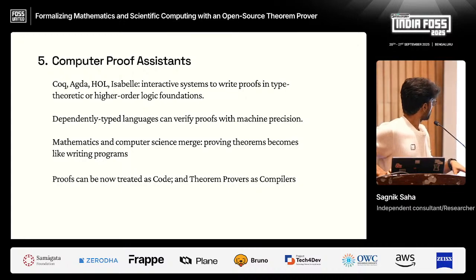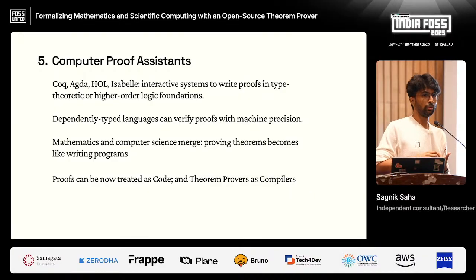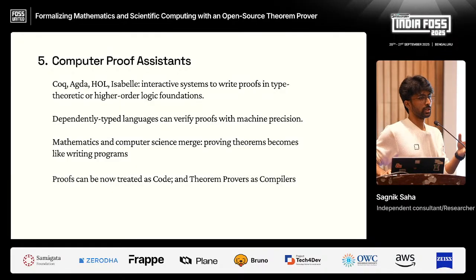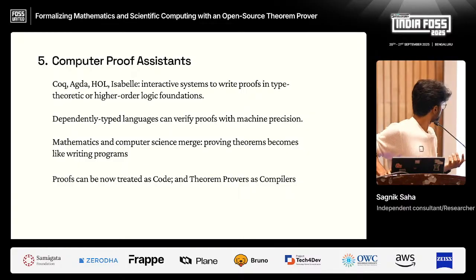As a result, proofs can now be treated as code and theorem provers as compilers. A new theorem that needs to be proved in natural language can similarly be translated to code, and a theorem prover can be a compiler which, when it runs the code, verifies that the proof is correct.